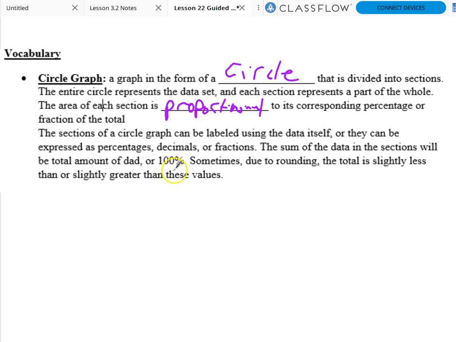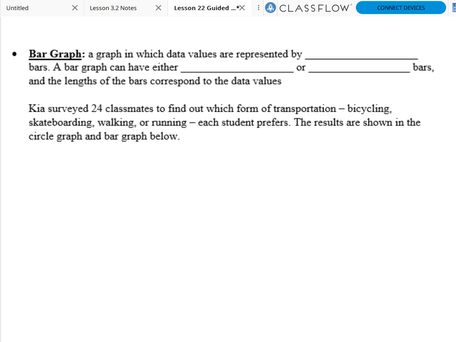The most important thing here is that the amount of data in a circle graph is equal to 100%. So if you add up all of the parts, all of those parts are going to be 100%.